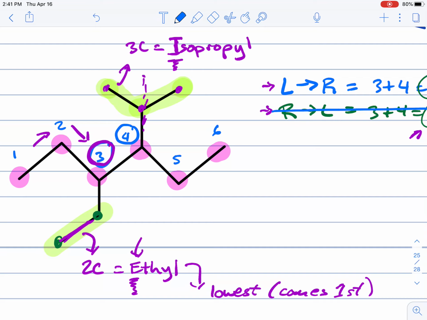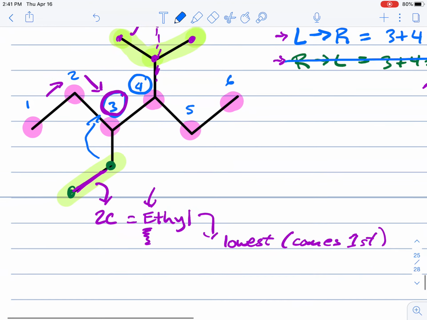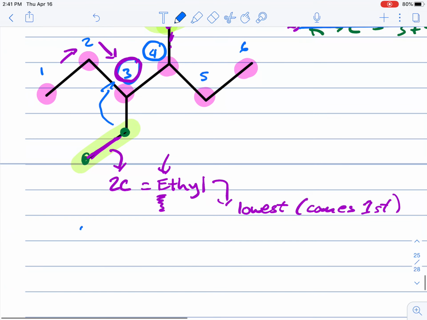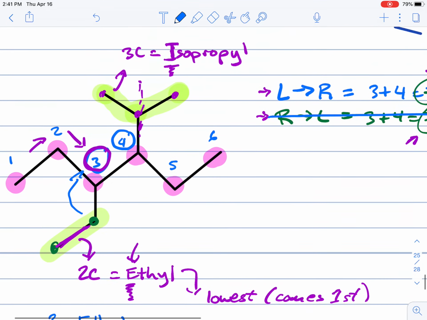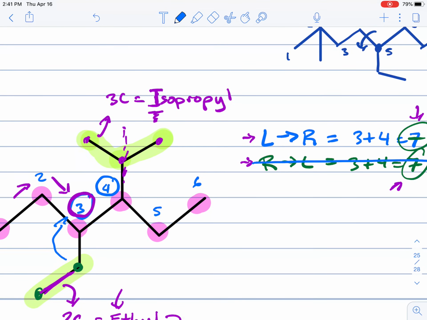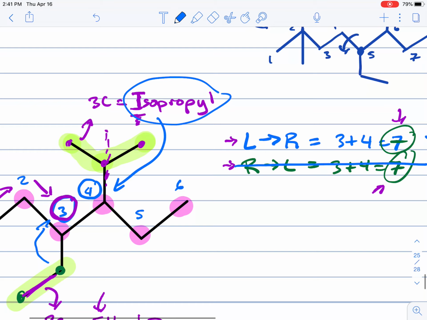So here in this case, ethyl is on carbon 3, so we're going to say 3-ethyl. And isopropyl is on carbon 4, so this is going to be 4-isopropyl.